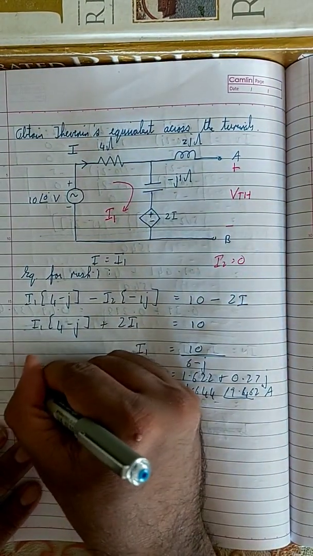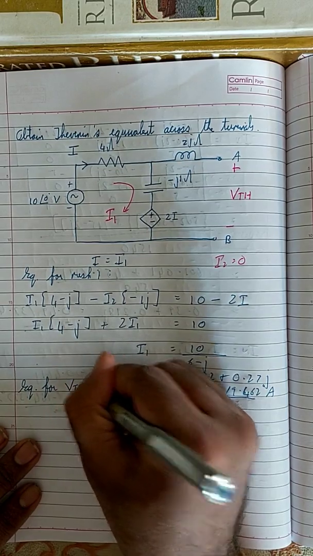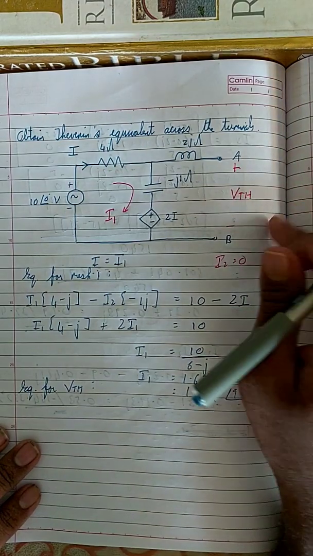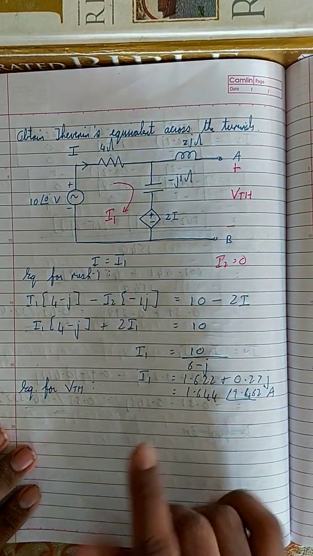Okay, so the equation for VTH, or equation for mesh 2, but this is not a mesh, so that's why I'm not writing equation for mesh 2. This is the equation for VTH.